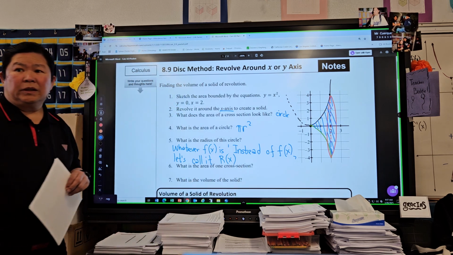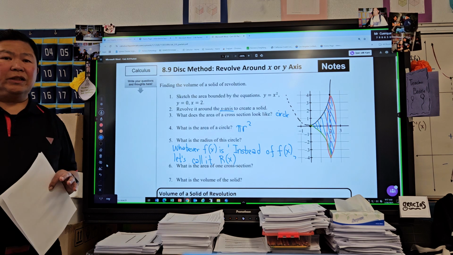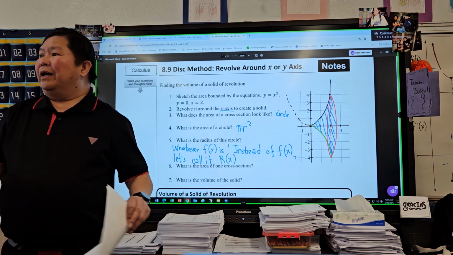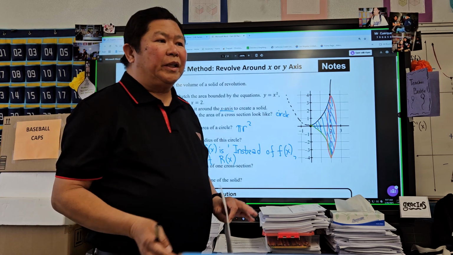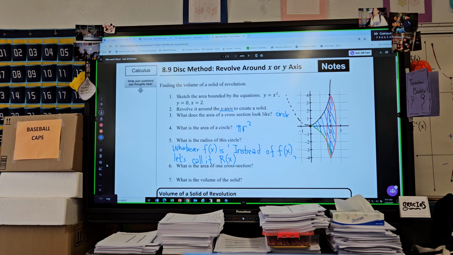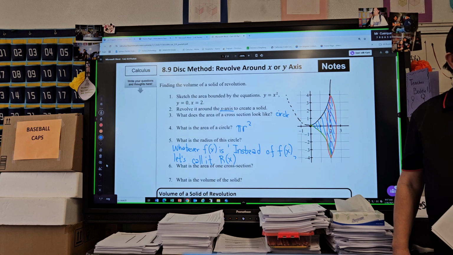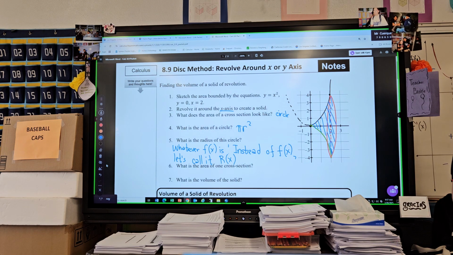Remember when we formulate the integral, normally we do f of x dx. But instead of f of x dx, we're going to use r of x. R of x refers to the radius. Any question?